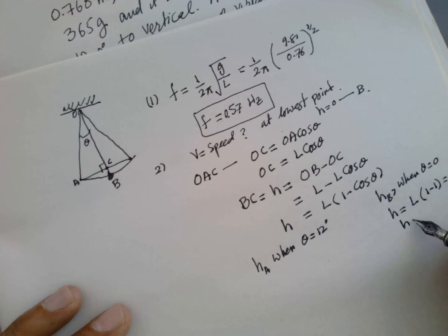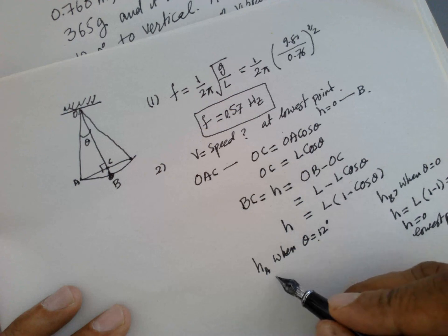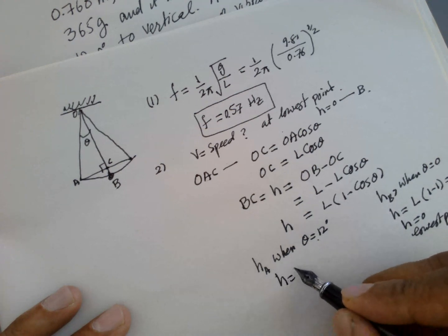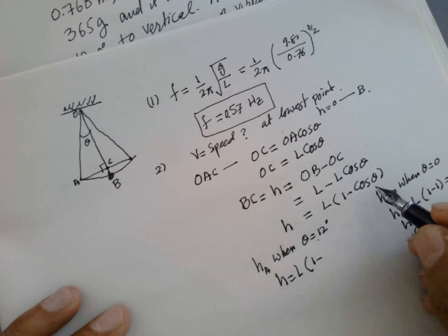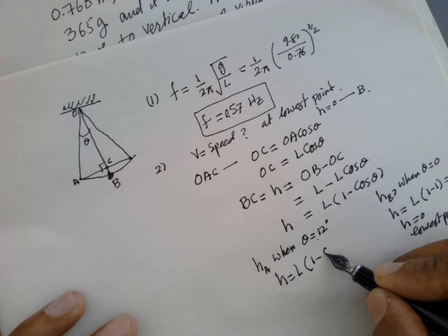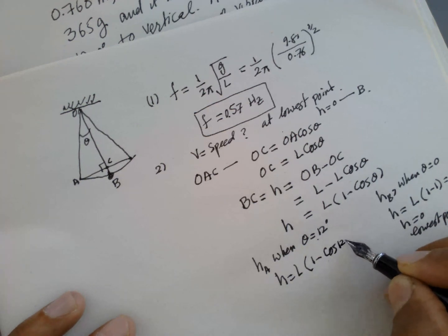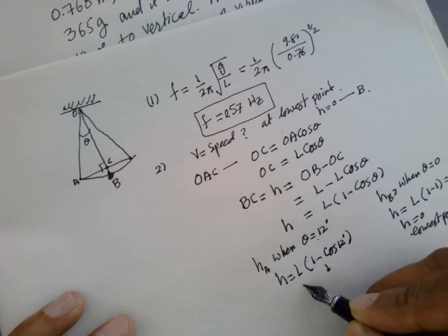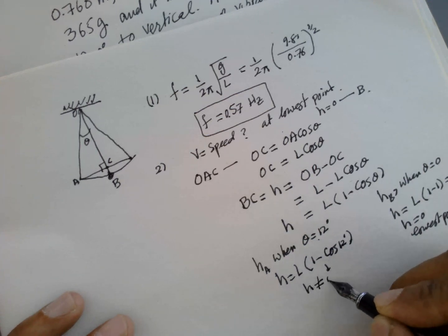So height is equal to 0. This is the lowest point. When theta is 12, H is equal to L into 1 minus some number which is less than 1. So this is some positive number. So h is not equal to 0.